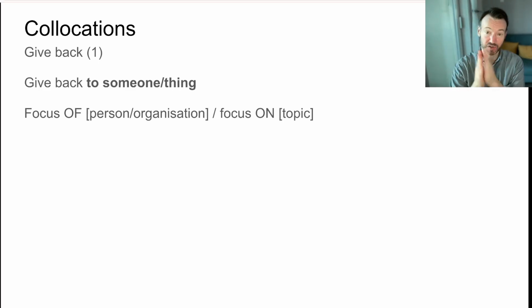So focus on is the topic, and focus of would be the people or the organization. So the focus of this organization is charity, but this organization focuses on charity. So on would be the topic, of would be the person or organization that is doing the focusing.